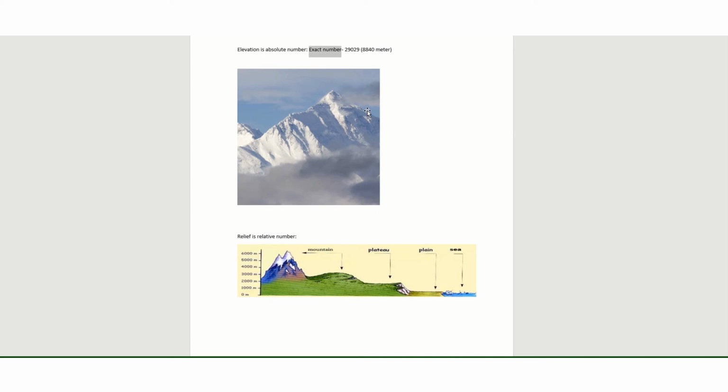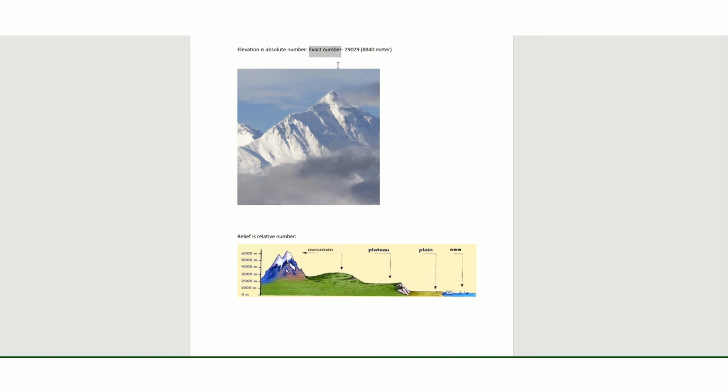which exit, which entry. So here, once again, relief is the relative number which is always compared with another landform or the features of the land or other elevations. However, the elevation is the absolute number, which is the exact number, the exact height of the elevations.